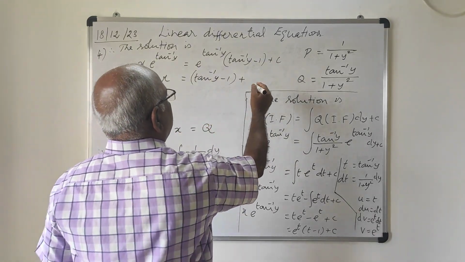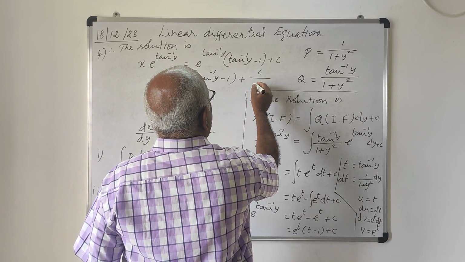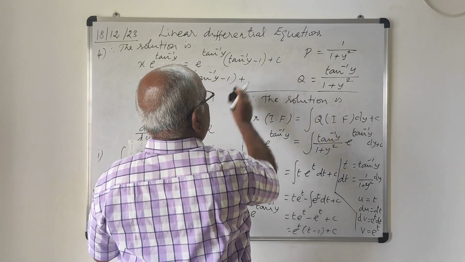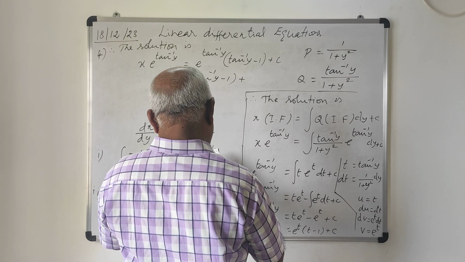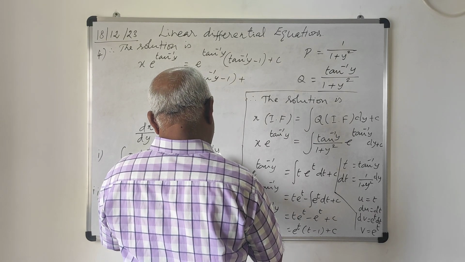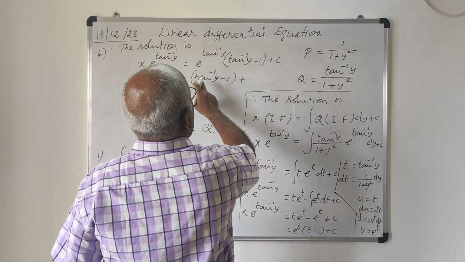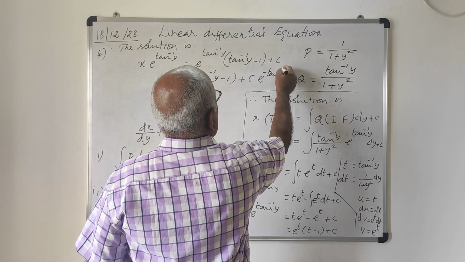You divide c by e power tan inverse y, that is e power minus tan inverse y, so that is c into e power minus tan inverse y.